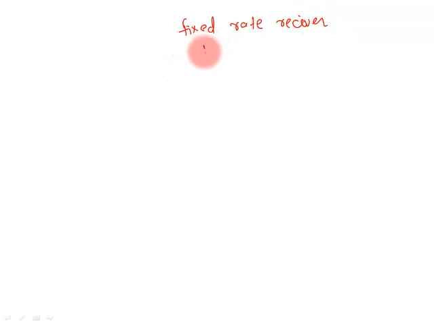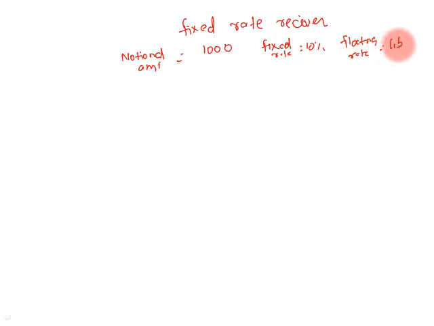Let's say again, notional amount 1000. Let us say fixed rate is again 10%. Floating rate, let's say simply LIBOR. Life is, let us say, 3 years.